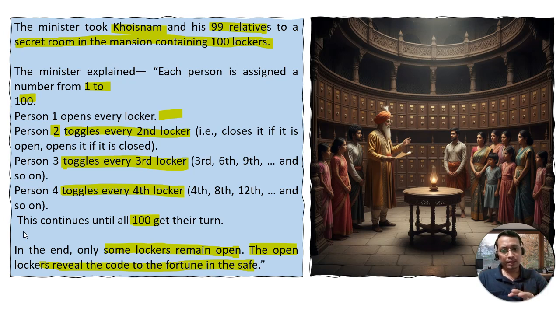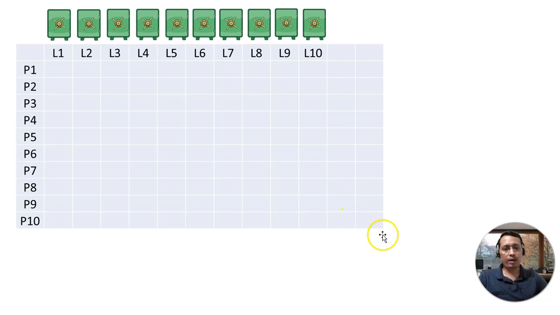If I do it for 100 people, it will take a long time, so let's do it for 10 people. Then we can understand some kind of pattern, and from that pattern we will proceed. Here I have created this column for people, P1, P2, P3, P4, P5, P6, and L1, L2, L3, L4 till L10 are for lockers.